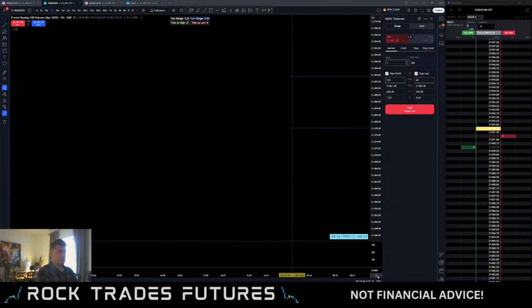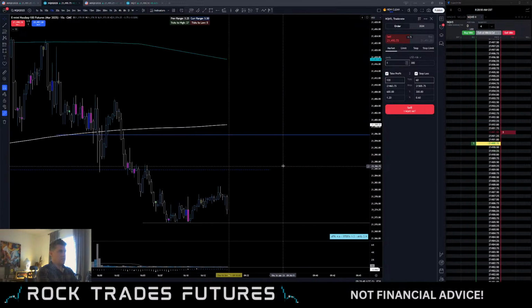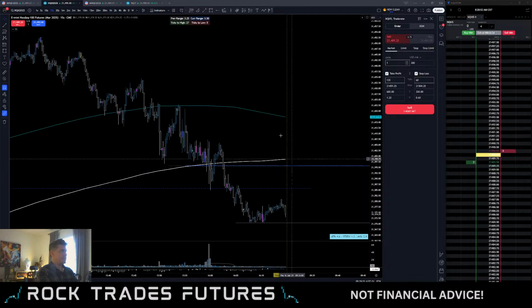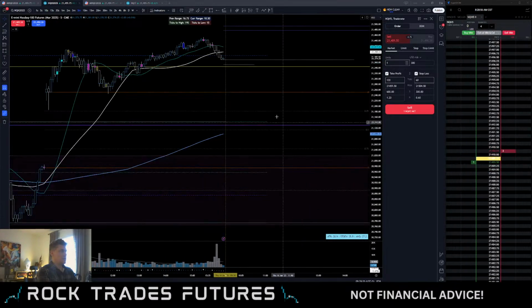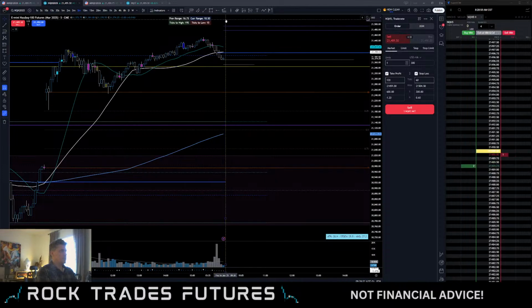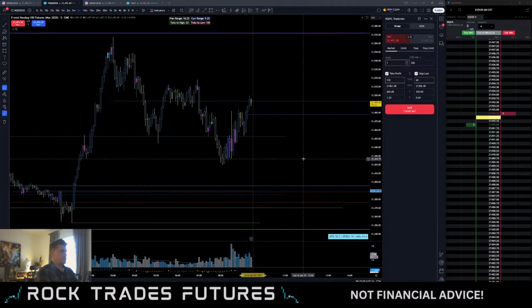And we are getting ready to gap up, I believe. We're definitely gapping way up. Let's go to a 5-minute. We're getting ready to gap up substantially, so could be an easy take profit sell off at the open. Market opens in basically 1 minute.